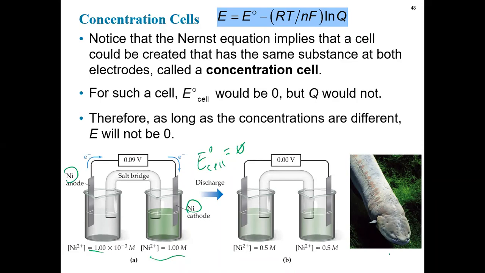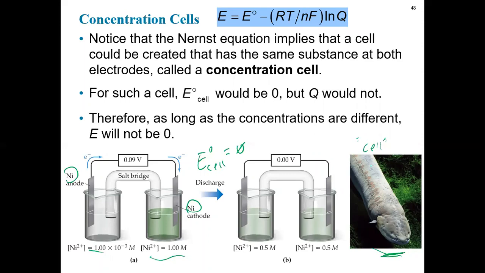So what does this guy do here? This is from the textbook. This kind of fish from some oceans uses a lot of concentration cells. He has some of those cells, not our cell, but those biological cells.